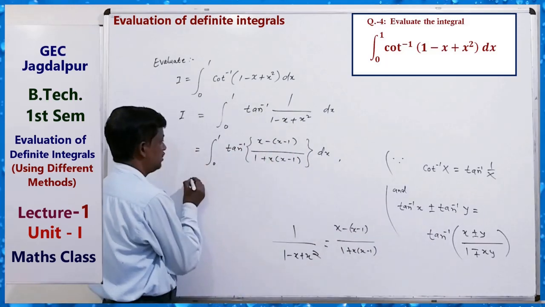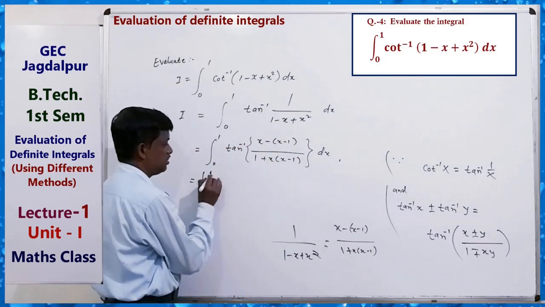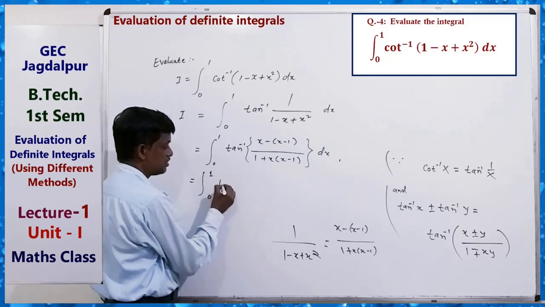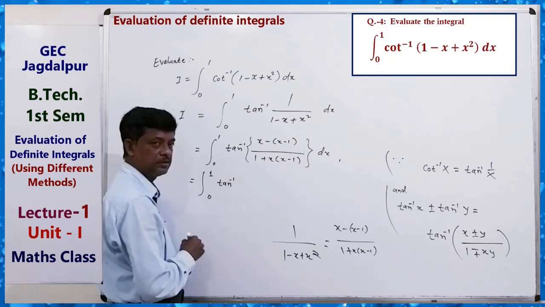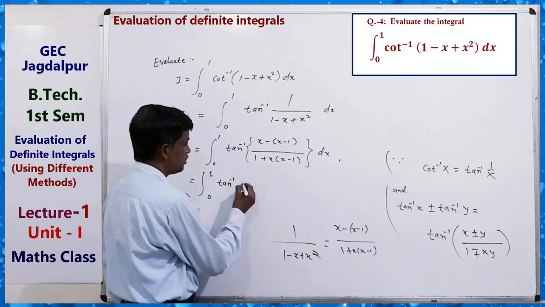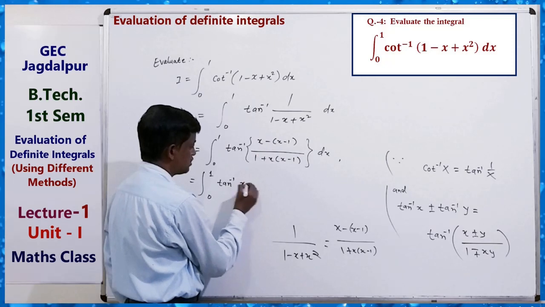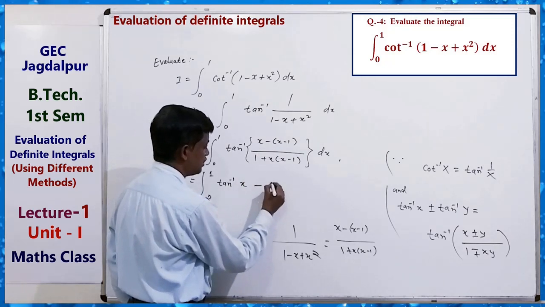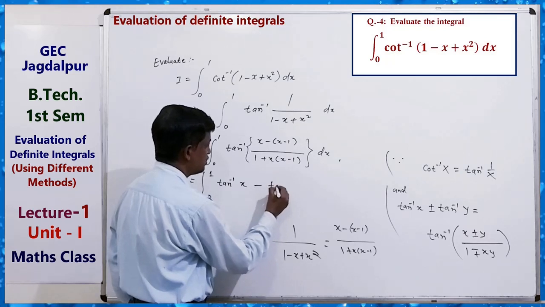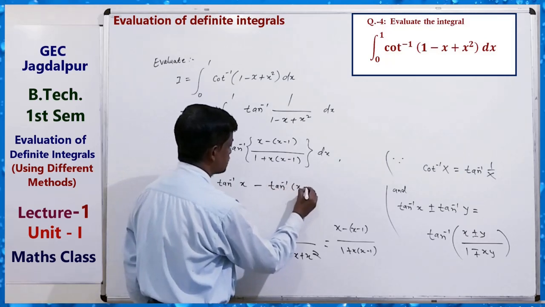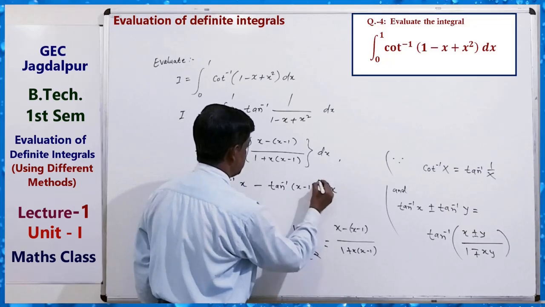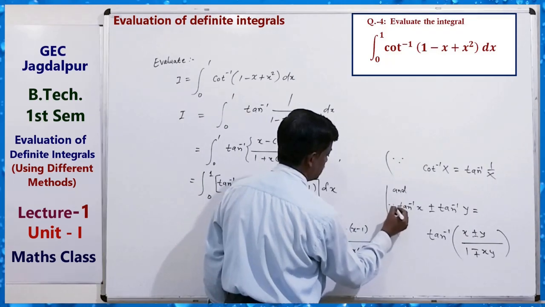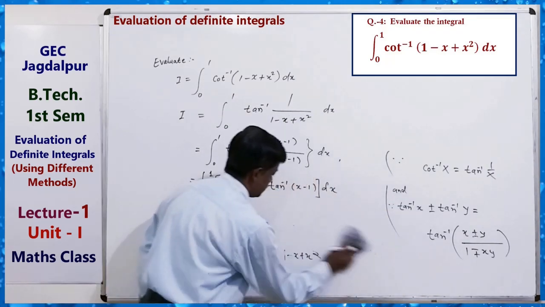So we can write this as the integral from 0 to 1 of tan inverse x minus tan inverse of x minus 1 dx, by using this formula. Okay.